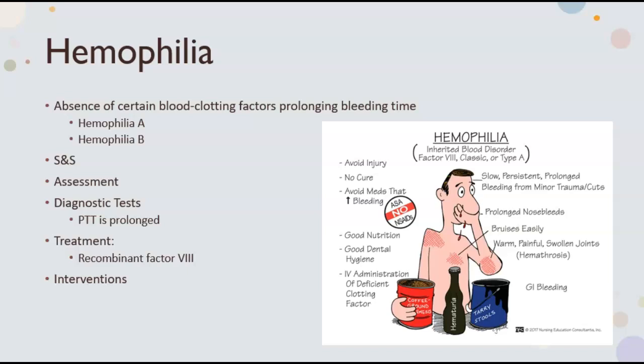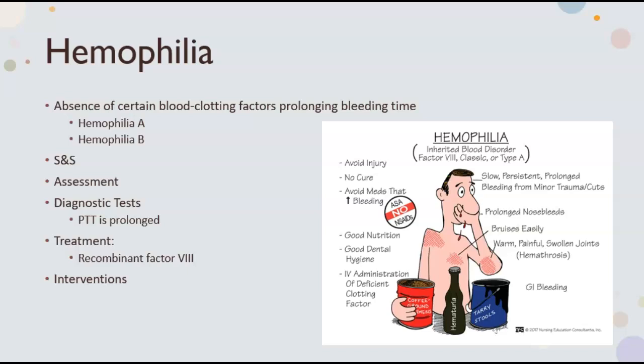This is used less because it has a risk of viral disease transmission, because this is directly pulled from donated blood, like when people go to the American Red Cross and donate blood, that's where they get this factor 8 from. So there is a risk of viral disease transmission, such as HIV or AIDS, and this needs to be stored at low temperature, so it's not very good for home use.